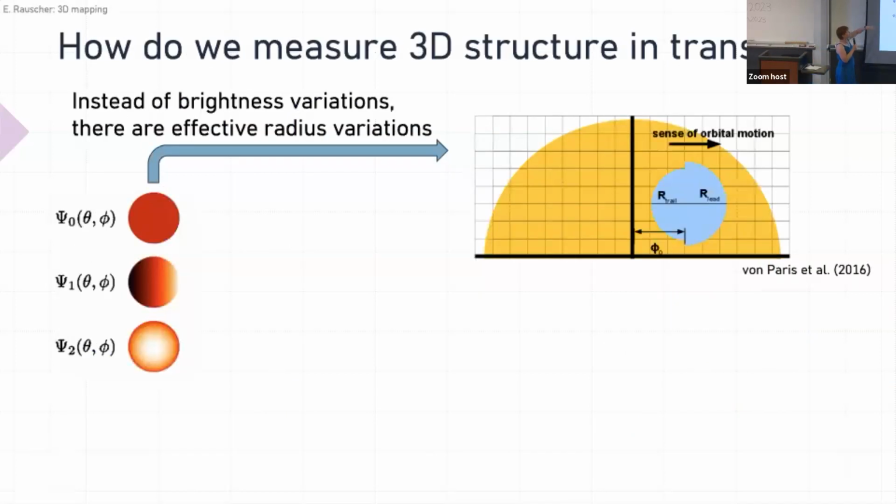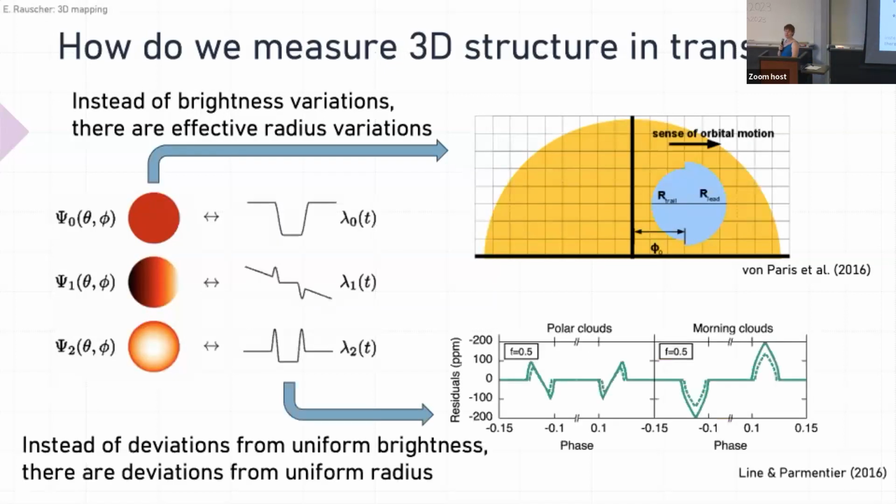So the way that we measure this has analogies and differences from eclipse mapping. In eclipse mapping, we were looking for variations in the brightness emitted by the planet. Now we're effectively looking for variations in the effective size, the radius of the planet, as a function of location. And the way that that would show up is very similar, actually, right?